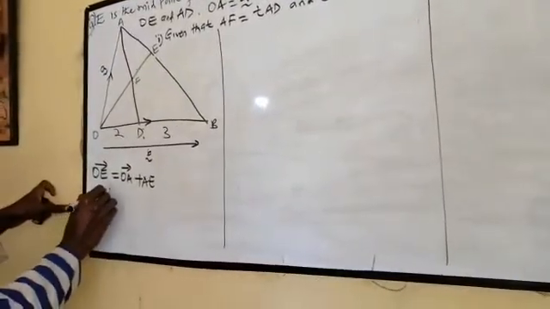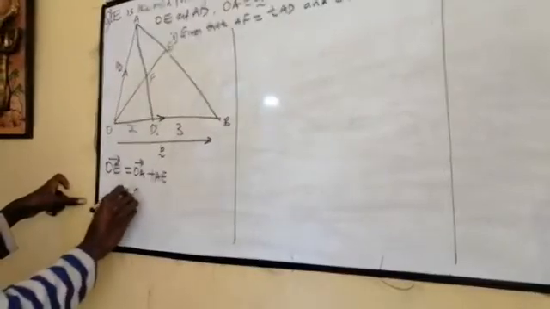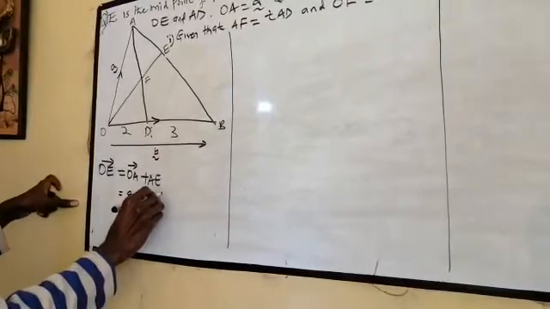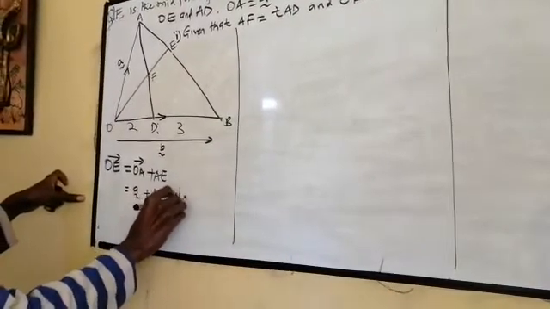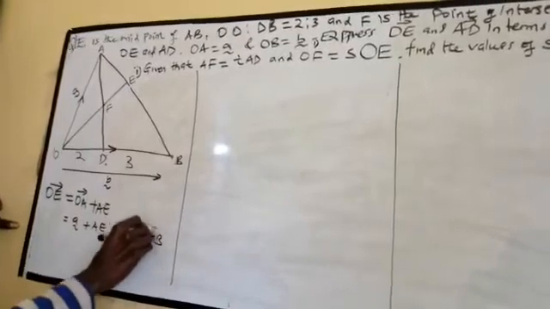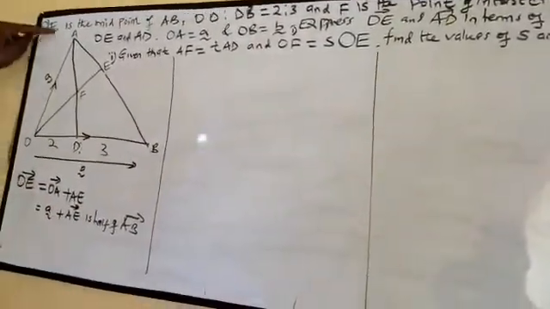Therefore, our vector OA is vector A already, and AE is a half of AB. For us to get AE, we must get AB.